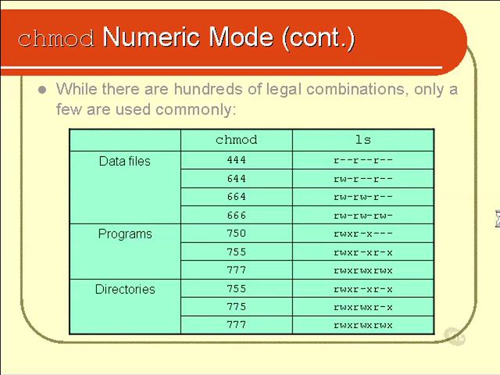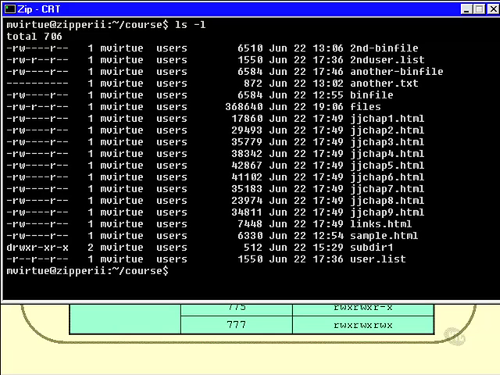So let's have a look at some examples of that. Here are the files in my directory again. Now that another.txt, I might want to make that readable and writable by me, readable by my group, and nothing by all other people.